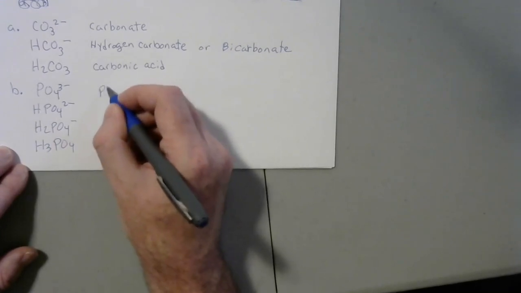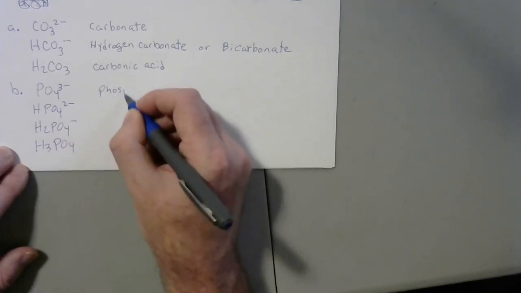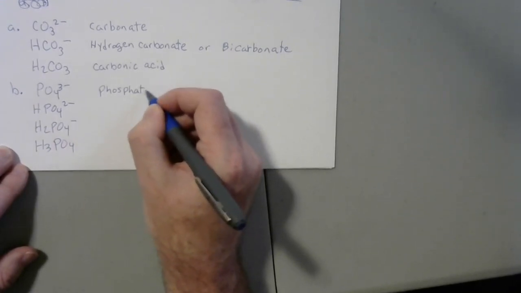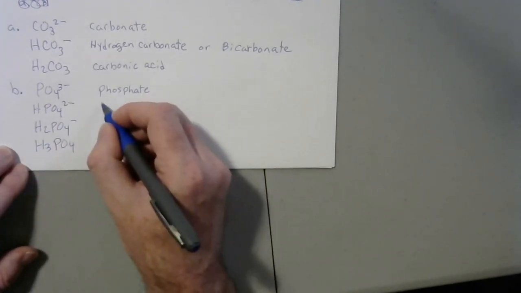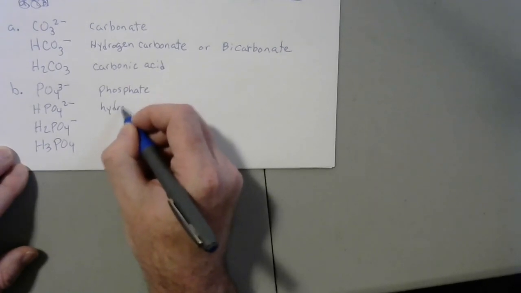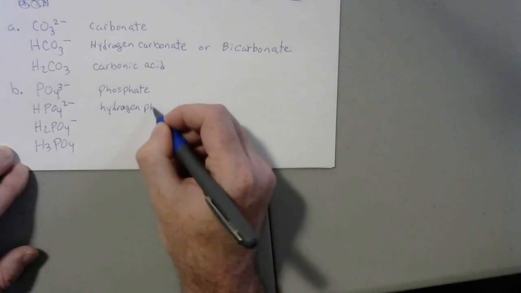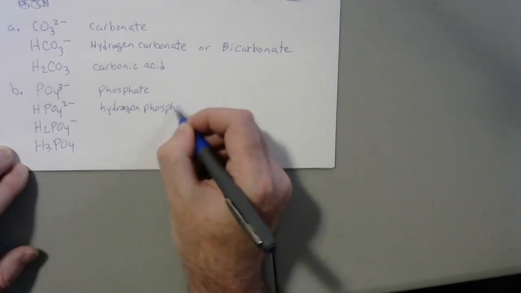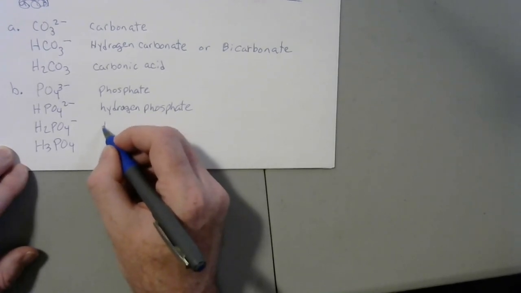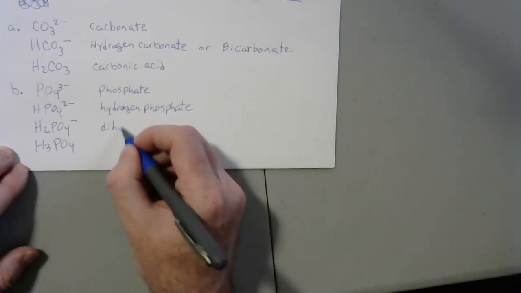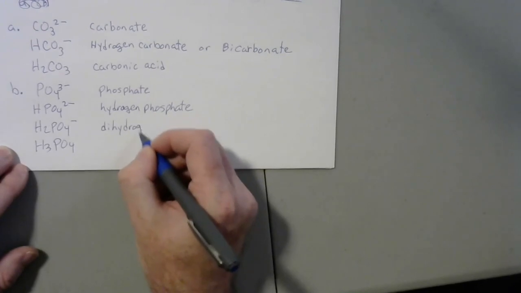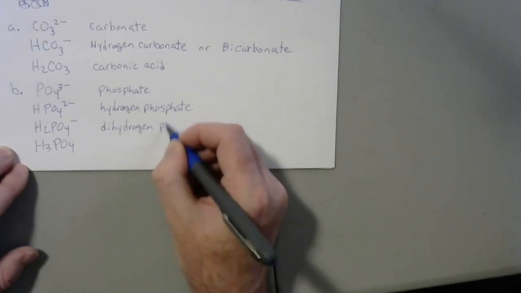PO4 3 minus is phosphate. And so if we add a hydrogen, it's going to be hydrogen phosphate. Add 2 hydrogens, we're going to say dihydrogen phosphate.